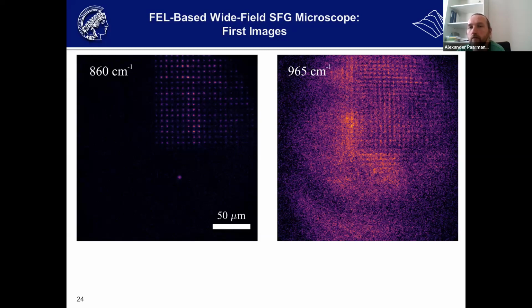If I just leave out any kind of nanophotonic structure, for one, if I go to inversion symmetric crystals, then of course I mostly see the surface. And if I have surface phonons, so I have just some dielectric crystal and I have surface phonons at the surface, I will see this.